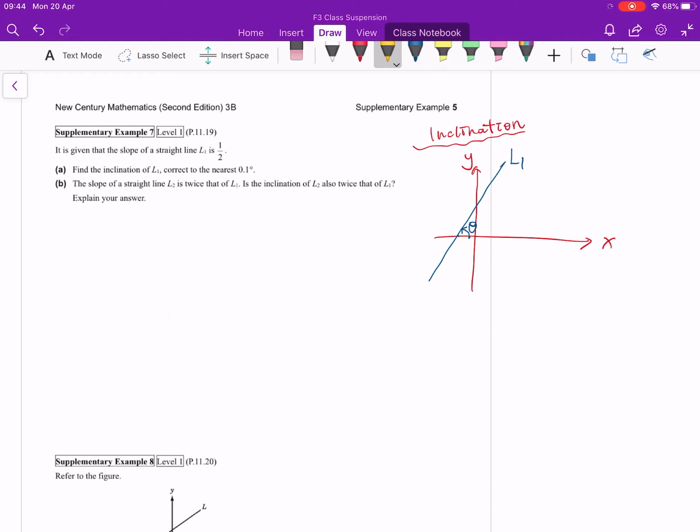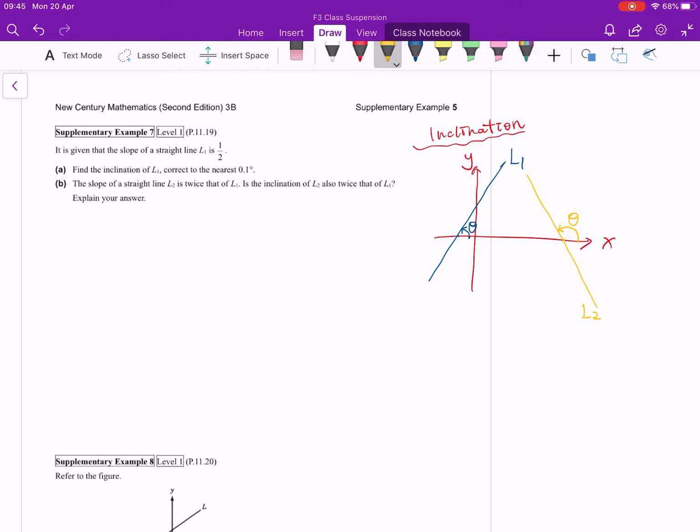So if I draw another one, maybe I use orange, draw L2 here, then this time L2 cuts x-axis here, and the right hand side x-axis starts here and then goes anti-clockwise until you go to L2. So this is the inclination of L2. So you can see that this time it is a bit different from gradients.